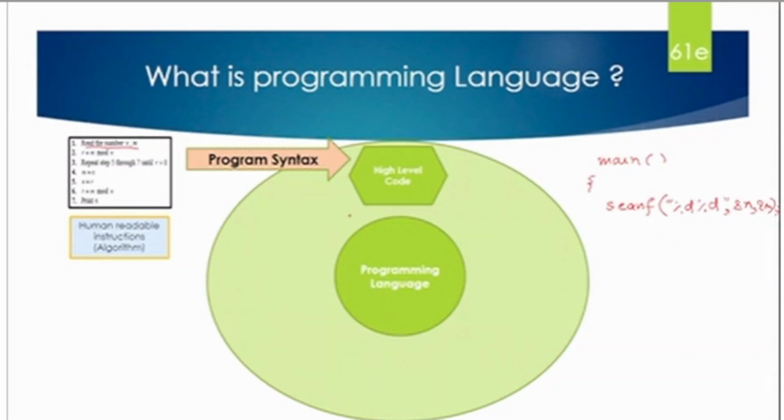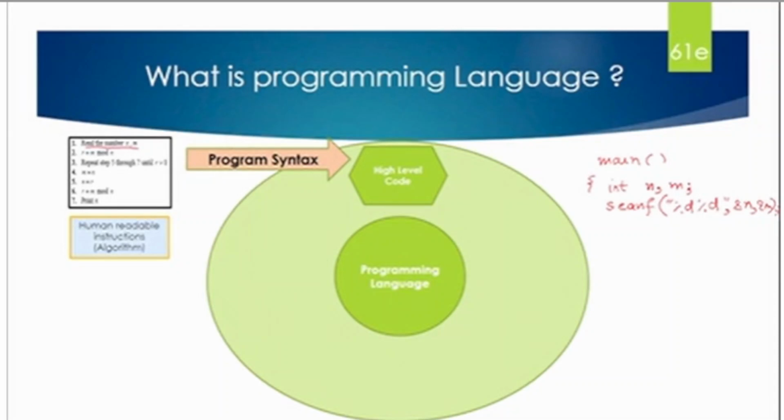So the first line, read the numbers n and m: scanf takes two numbers and stores them in the n and m variables.